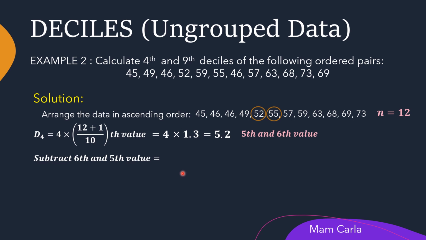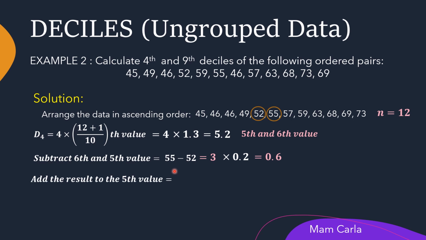So that will give us 55 minus 52, and the difference is 3. And then the difference, we need to multiply it to the decimal point of the d sub 4. So the decimal point is 0.2. So we need to multiply the result by 0.2. And it will give us 0.6.